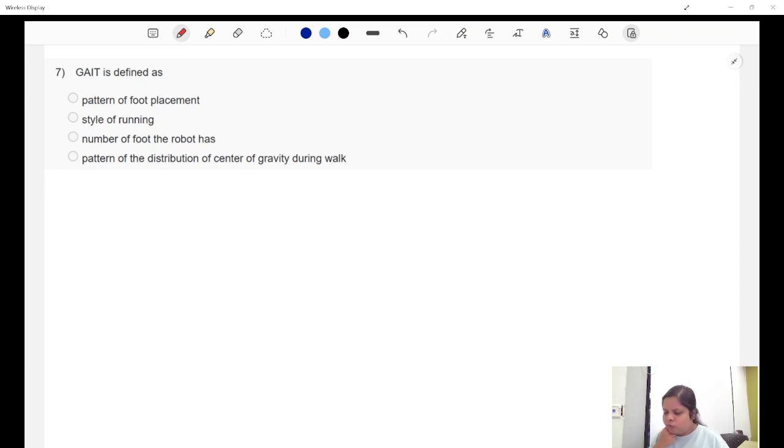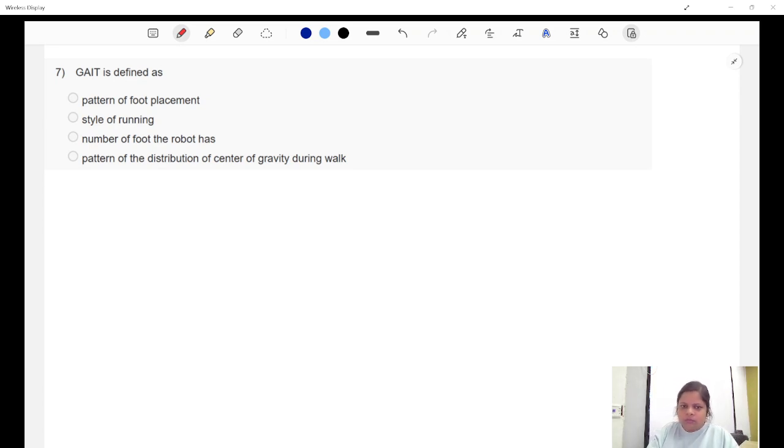Is it pattern of foot placement, style of running, number of feet the robot has, or pattern of the distribution of center of gravity during walk? What is the correct answer to this question? Can anyone tell? Very simple question this is. Please answer.